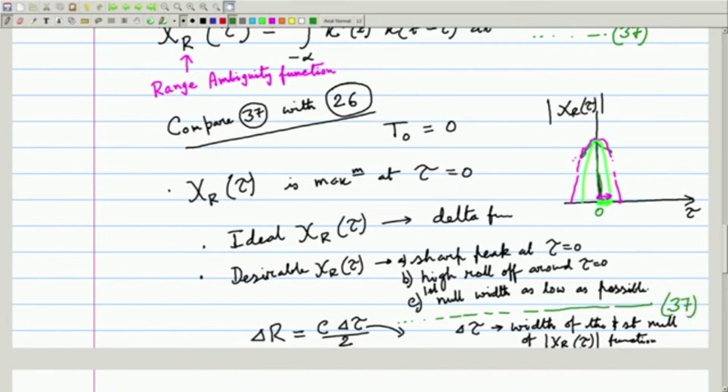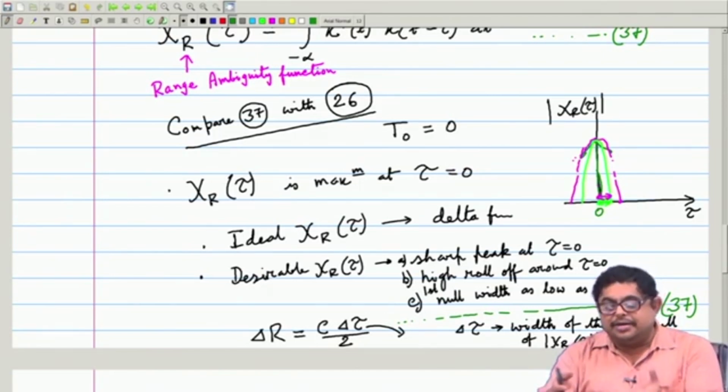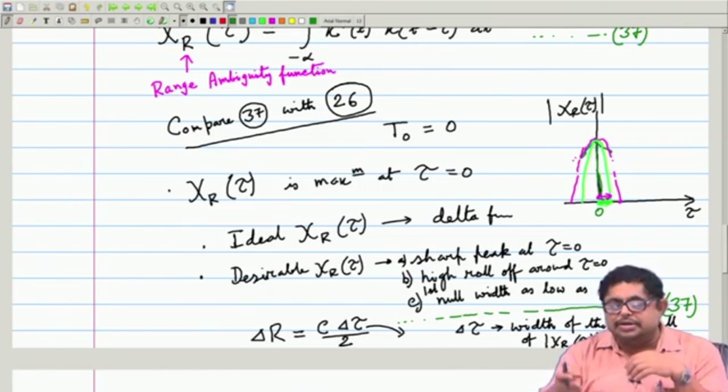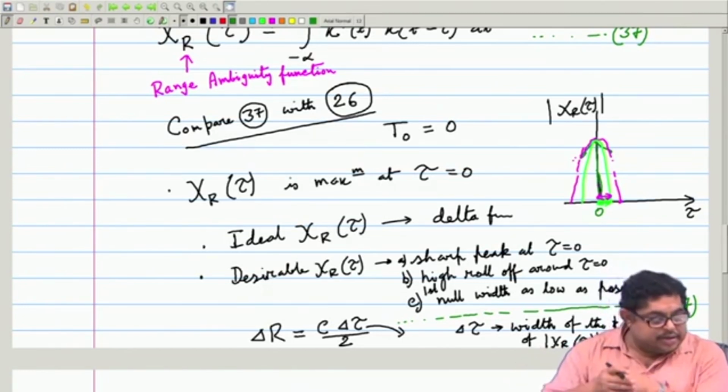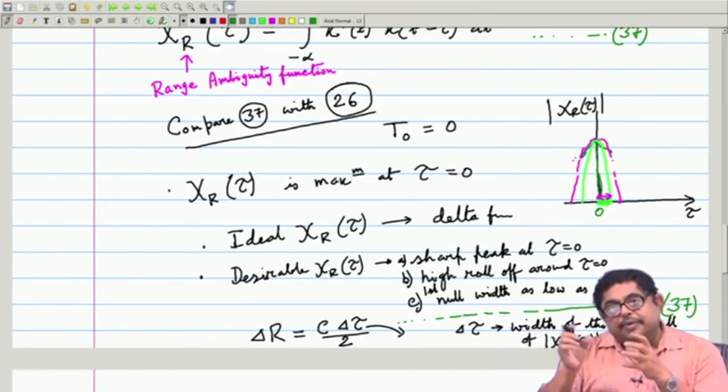So, you see that from the matched filter output we have got the range resolution equation; we have quantified it, as we said at the start of the lecture. The range resolution is nothing but C delta tau by 2, where delta tau is the first null width.